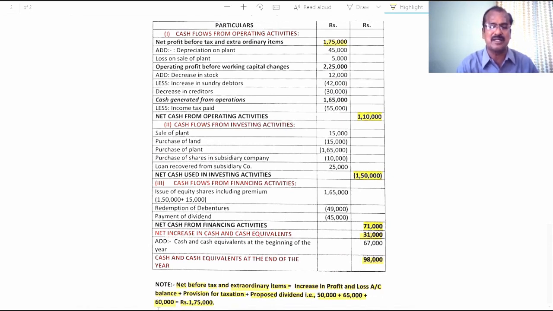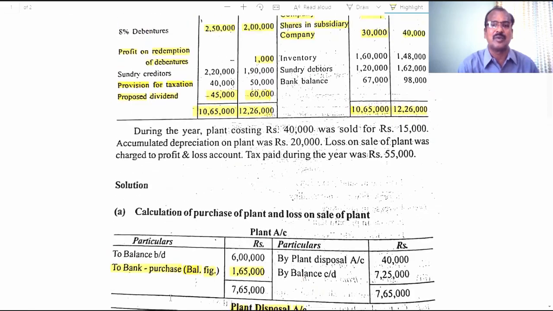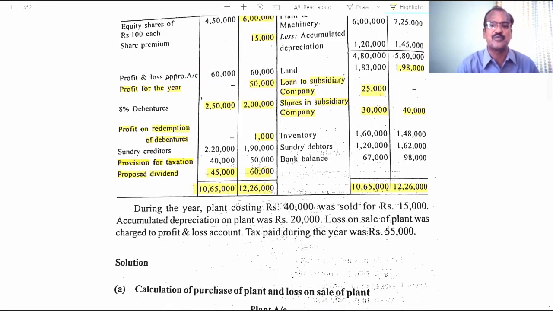Plus 60,000. What is this plus 60,000? That is an extraordinary item, which is nothing but the dividend proposed for the current year. Look at the problem. The dividend proposed for the current year is 60,000 rupees. If you follow the new format, definitely this item will not appear in the balance sheet. It will be written as a non-adjustment in the additional information.